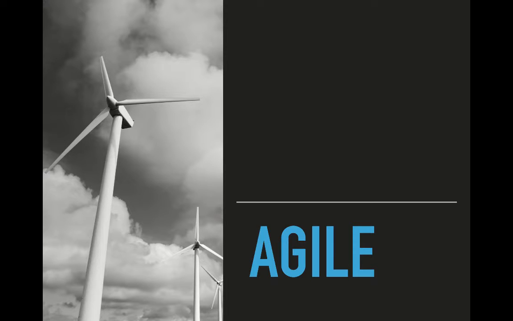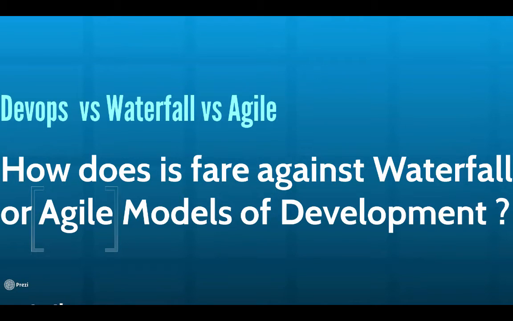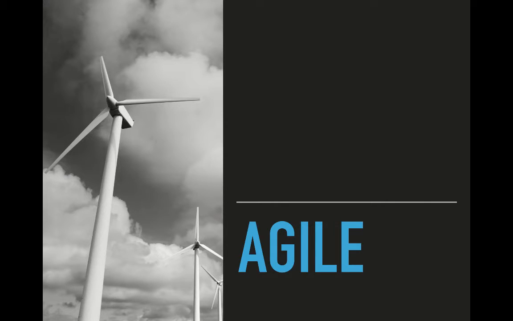Agile started with a prescriptive methodology saying that you need to do this, and these are our objectives. And DevOps is pretty close to Agile, or rather I would say it's an extension of Agile. It all started with Agile and lean manufacturing.